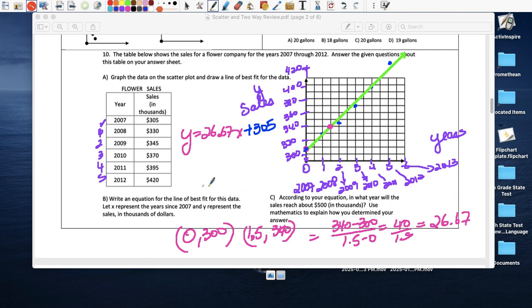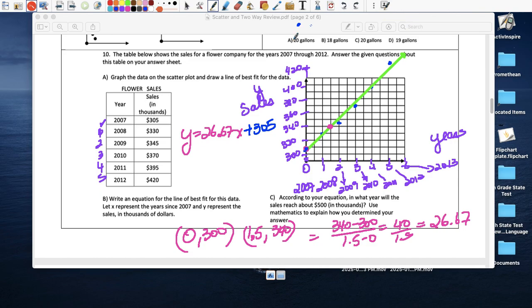So that's part 1. Part 2 says, according to your equation, in what year will the sales reach about 500,000? Okay, so if we were to continue our line of best fit, it'd be somewhere over here, right? And it would be this point, and we would have to find the year.